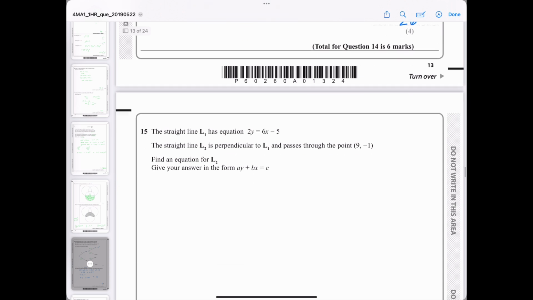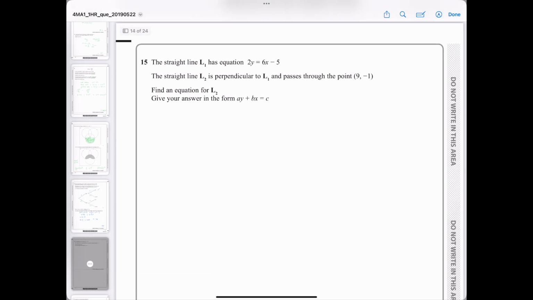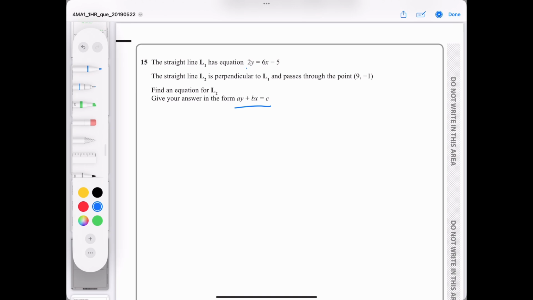A straight line L1 has the equation 2y equals 6x minus 5. The straight line L2 is perpendicular to L1 and passes through (9, -1). Give an equation for L2 in this form. Before we start, I'm going to put L1 into the format y equals mx plus c, because it's easier to deal with.